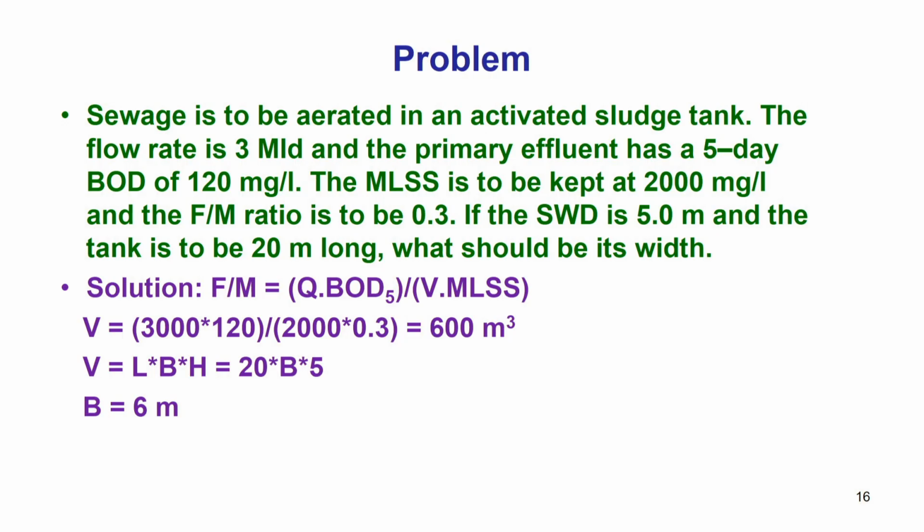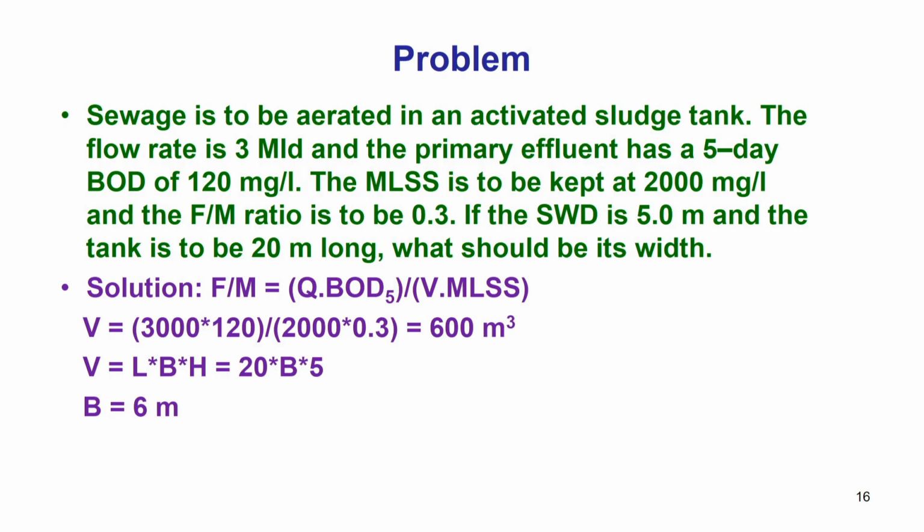This is the total mass of the microorganisms. Q is in meter cube per day or MLD, million liters per day, and this is mg per liter. So basically we are calculating mg per day. So the unit of F by M is day inverse. So the F by M ratio is to be 0.3 day inverse. So it has some units.